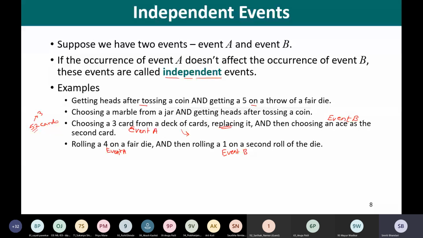That is my event A. And what is my event B? Rolling the fair die once again and getting 1. So whether getting 4 on a fair die, that is event A, will affect getting 1 after a roll of the fair die. Whether event A will affect event B.